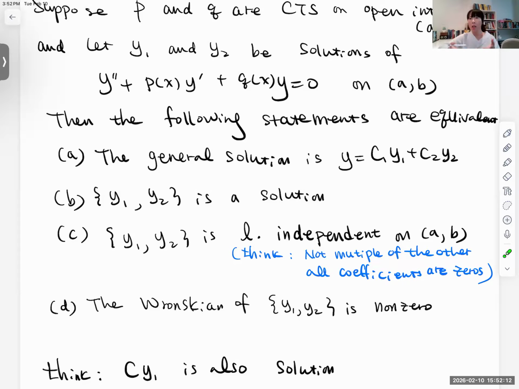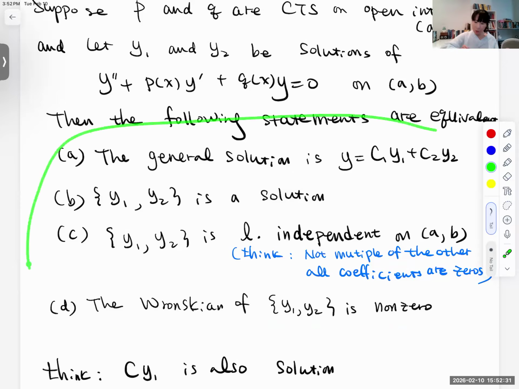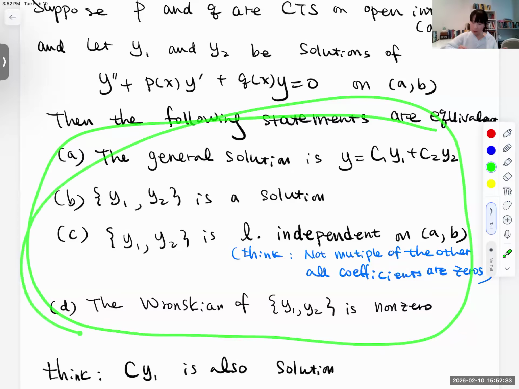All coefficients are zeros means trivial solution, right? Then the last one, the Wronskian of y sub 1, y sub 2 is non-zero. So these four are equivalent.